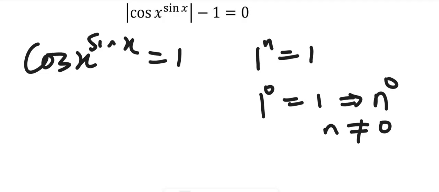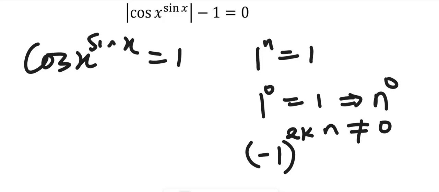And the last one is minus 1 to the power of what gives us positive 1? Minus 1 to the power of even numbers. Let's say 2k, where k belongs to the set of integers.